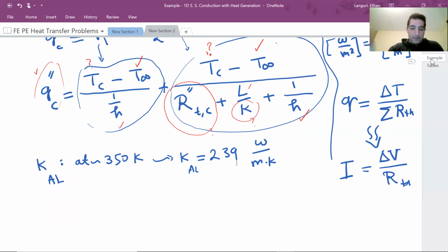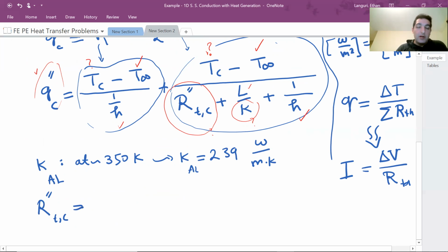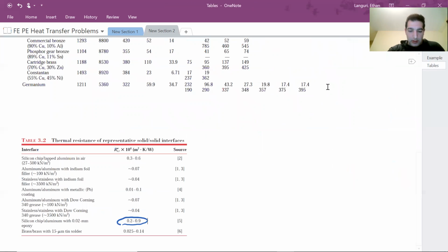So my contact resistance, R double prime thermal contact, based on that table is 0.9 times 10 to the power of negative 4 meter square Kelvin over watt.